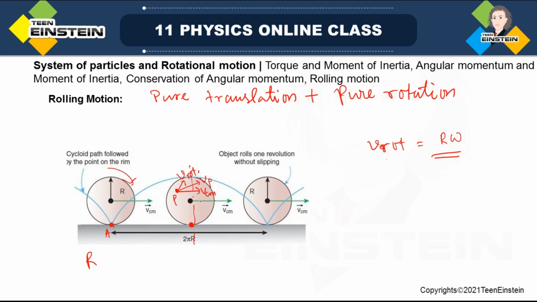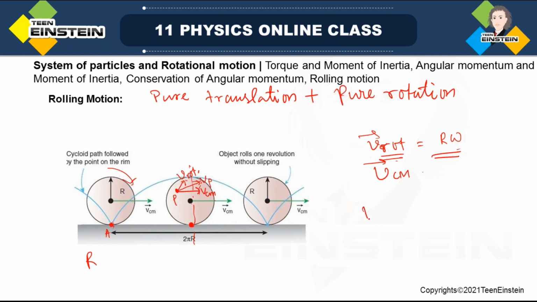So this disk has translational velocity due to two things. One is the translation of the center of mass, vcm. Another component of velocity comes from the pure rotation of the disk. So this is linear velocity, but it is coming due to rotation. These two things are there, and the resultant is obtained by the use of vector notation.